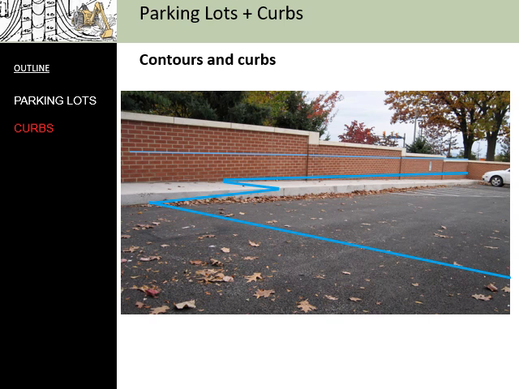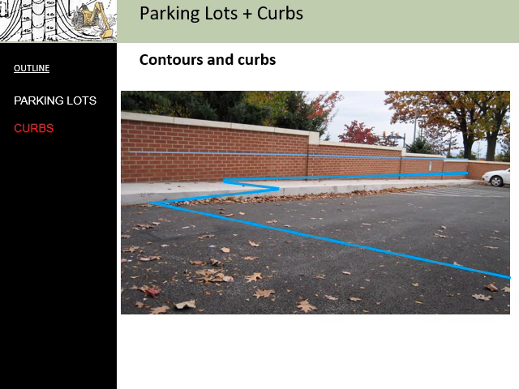Now, if we add a contour line at the bottom of that wall, you can then see the contour line is coming towards us along that wall. It then hits the sidewalk. It's now running across the sidewalk towards the curb, or towards the parking lot, if you will. When it hits the edge of that curb, it then runs along the face of that curb until it meets the even elevation, or the same elevation, in the parking lot, and then the contour line simply runs across the parking lot.